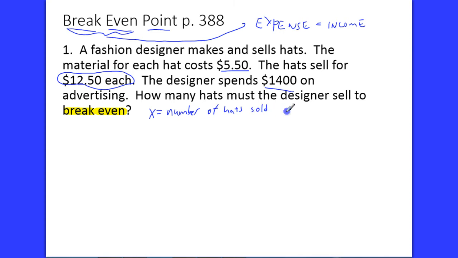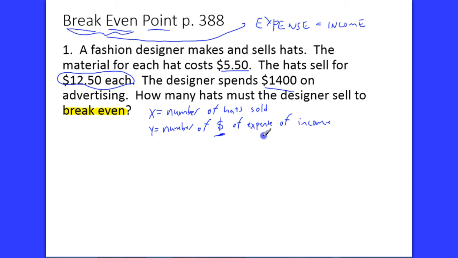Then we're going to let y equal, this is a little different, the number of dollars of expense or income. The main thing there is just to think that that's dollars.